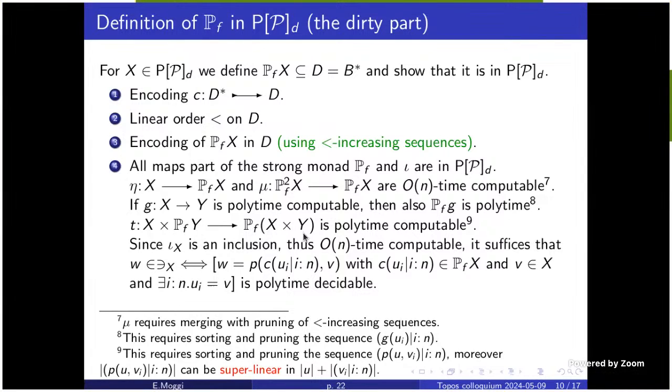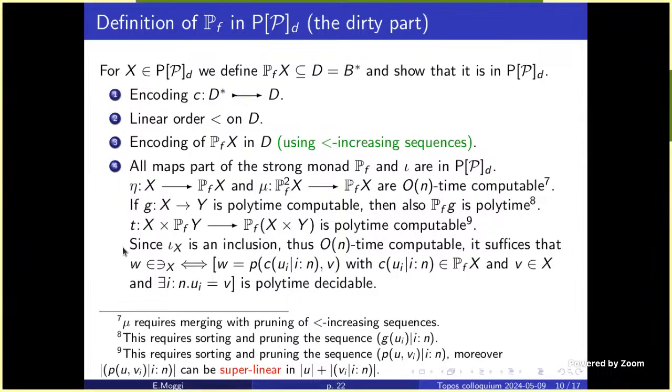And of course, here I have to produce a sequence which is obtained by pairing. So each element of the sequence is obtained by pairing the element U, representing an element of X, with each element of the sequence, the I, representing this sequence of elements in Y.